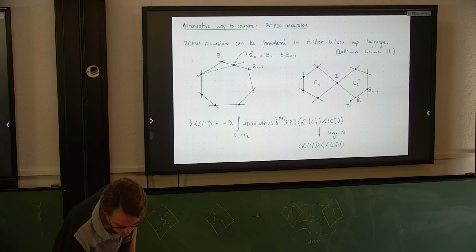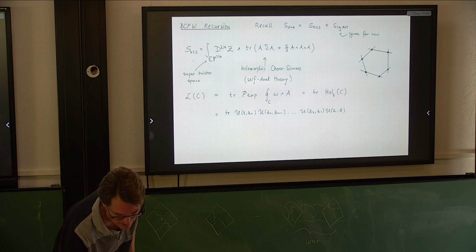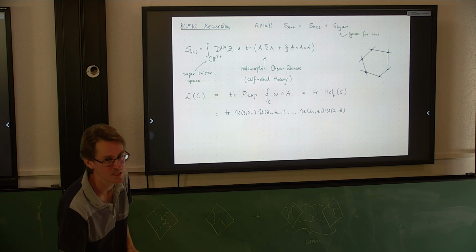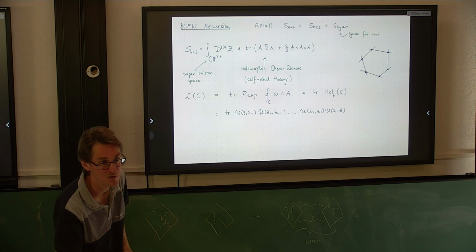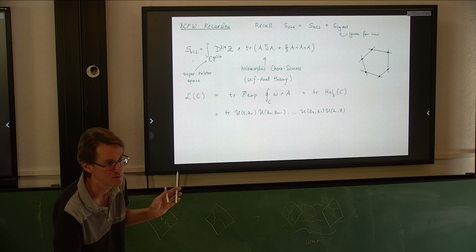Right, so I thought I would, maybe I'll give you, just try and sort of flesh that out slightly. So, to give you a hint, but really what I'm going to be doing is I'm just following what's in this Bullimore-Skinner approach to holomorphic linking, and then at the very end I'm going to generalize to our new object with multiple loops.